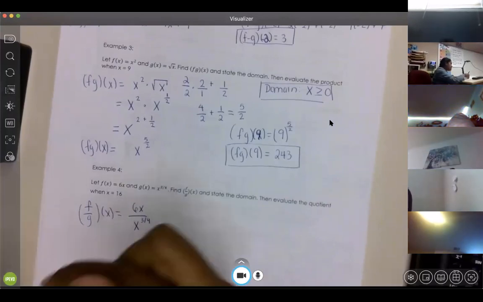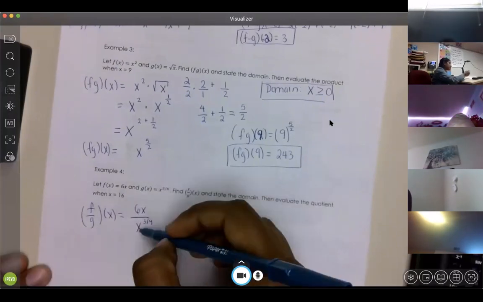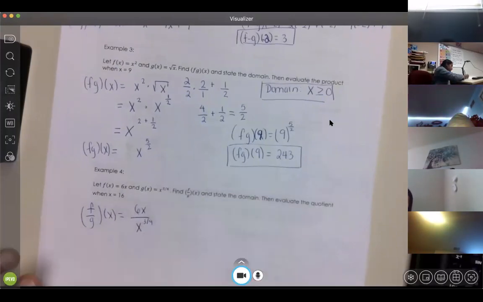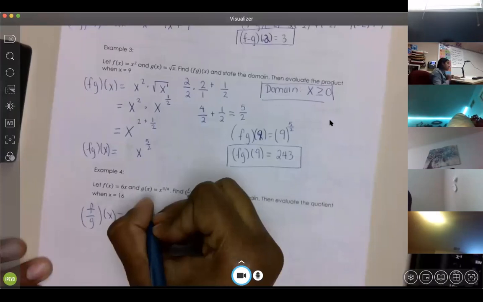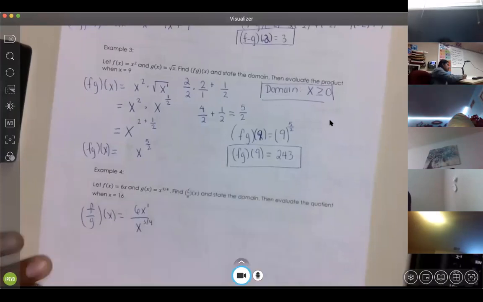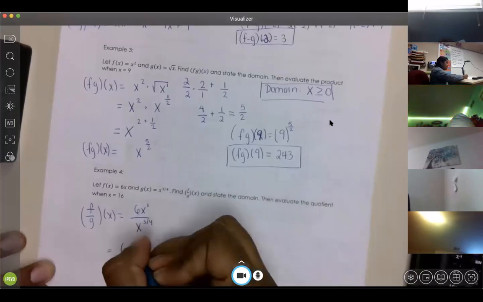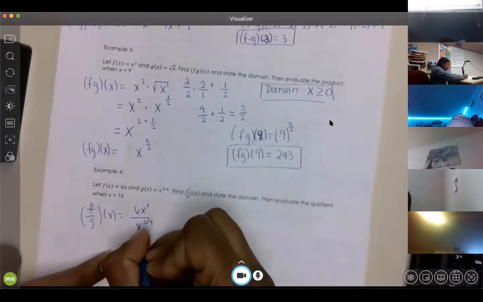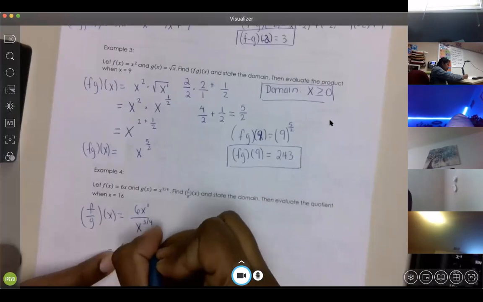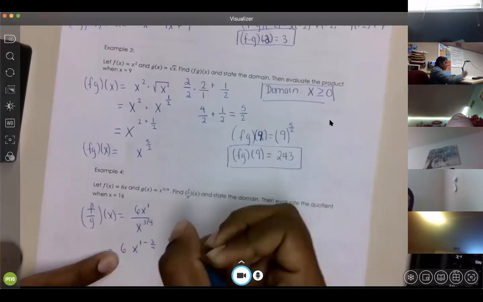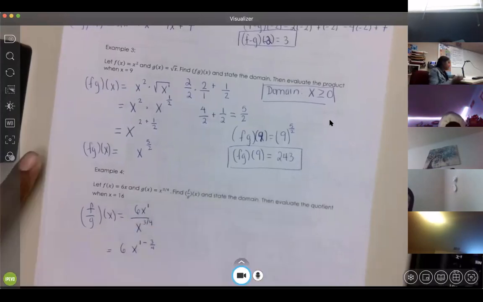Anytime you have the same base, so x, and you're dividing, you subtract the exponents. If I don't see an exponent for x, I can assume that it's 1. So it's going to be 6, keep the coefficient, x to the 1 minus 3 over 4. So subtract 1 minus 3 over 4.